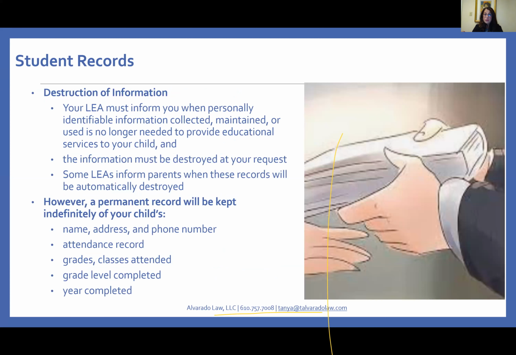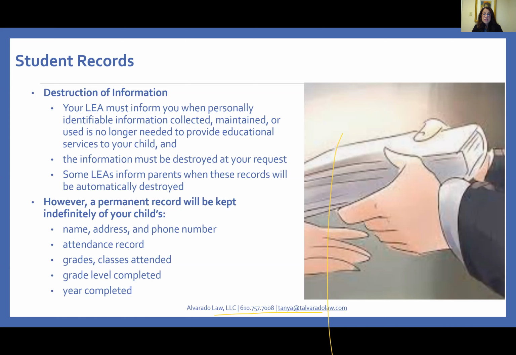For instance, the school district that my children went to has a policy, and they tell everyone who's about to graduate, if you want a full copy of your records, ask us for it, because after a certain period of time, we're destroying them. That's a written notice you get in the mail.